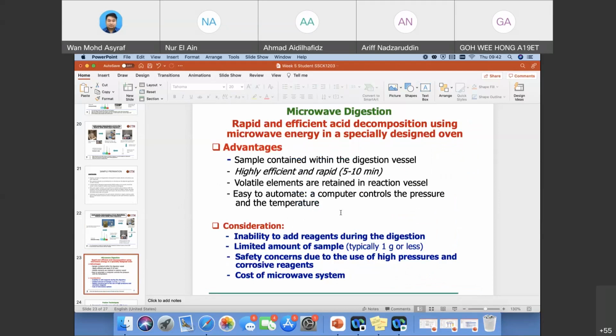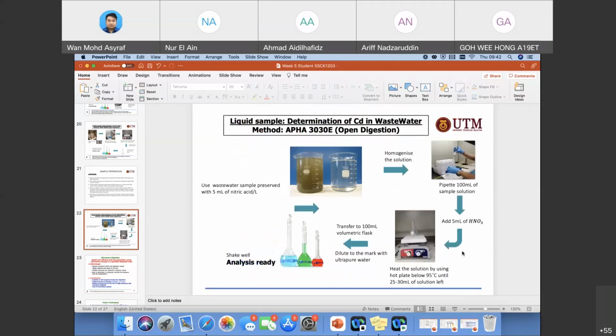It is easy to automate, and a computer controls the pressure and the temperature, so you just put it inside the microwave and let it do its thing. You don't need to sit in front of it. For example, for open digestion, you need to do it inside the fume hood and look at it once in a while to see whether your digestion is safe.